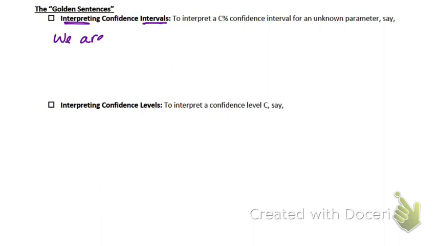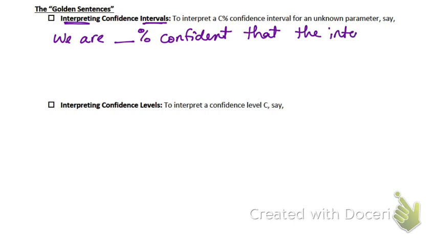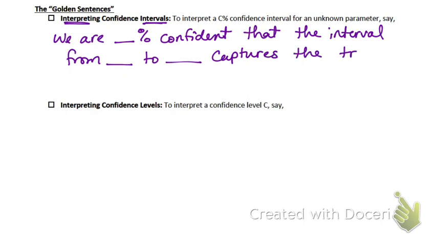We are blank percent confident that the interval from blank to blank captures the true blank of blank. That's quite an empty sentence. What goes in the blanks?